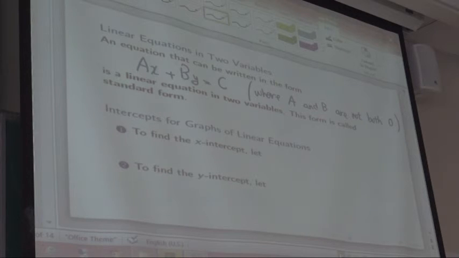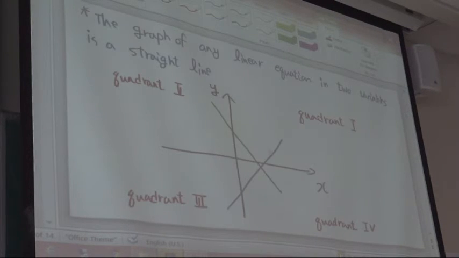Anyway, the second part: intercepts for the graph of the linear equation. Let's find the x-intercept. How can you find the x-intercept? The x-intercept is the point where the graph, or the linear line, meets the x-axis. When this line meets the y-axis, that point is called the y-intercept.